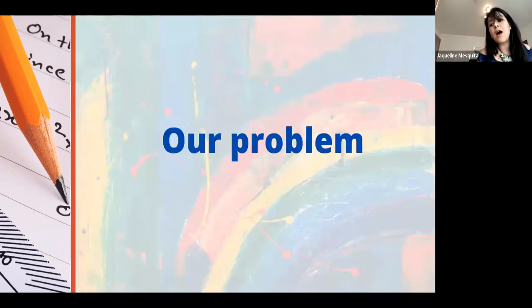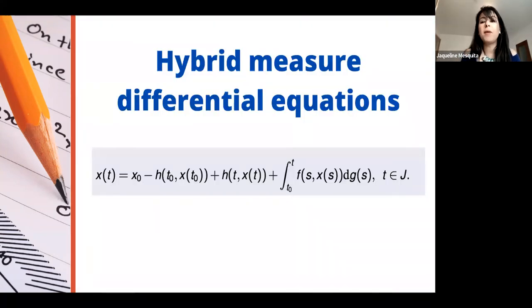So let's see now our problem, what we are interested in doing. We are interested in the hybrid measure differential equations given by this type of problem. Here we have this type of Stieltjes integral, in the sense of the Kurzweil-Henstock-Stieltjes integral, so we have a more general setting.